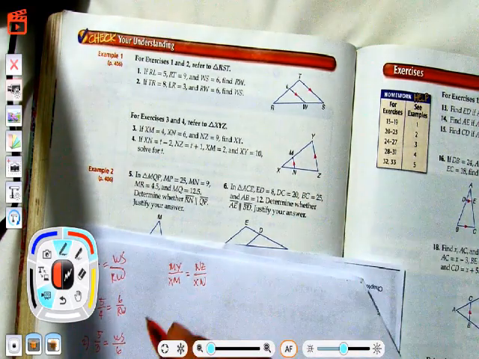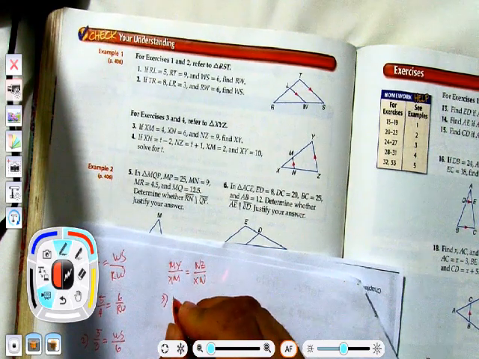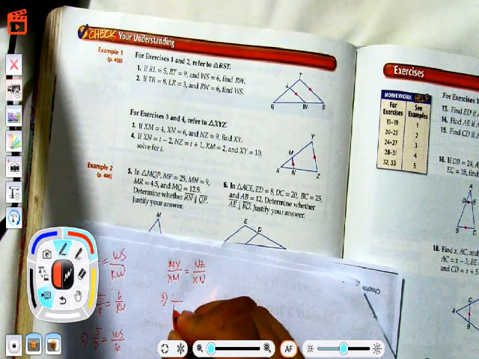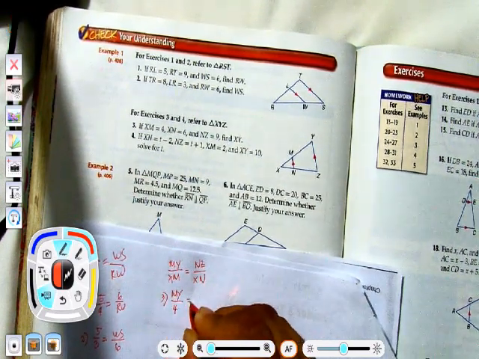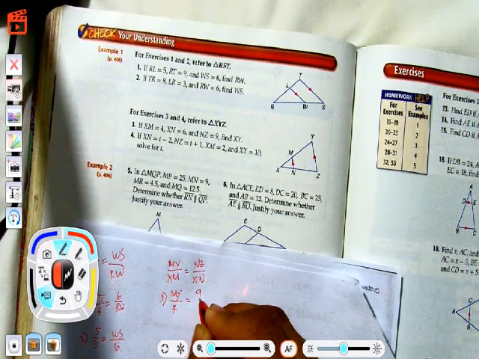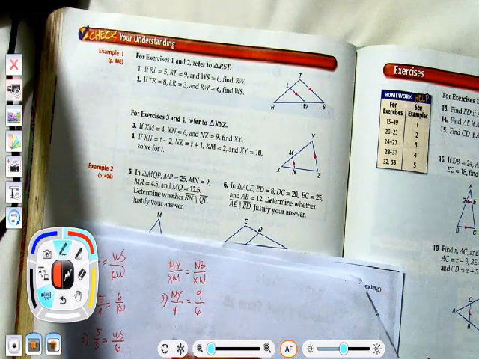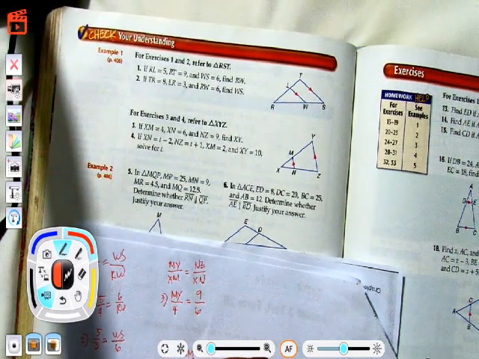So in number 3, we're going to do XM is 4, MY is unknown, equals NZ is 9, XN is 6. After you solve for MY, to find XY, you will do XM plus the MY that you have solved.